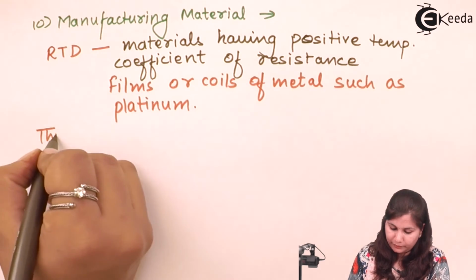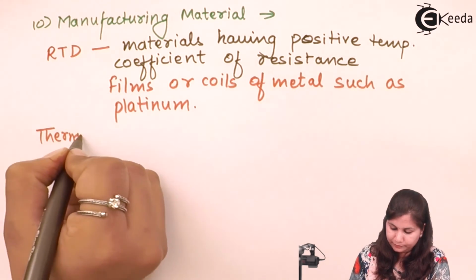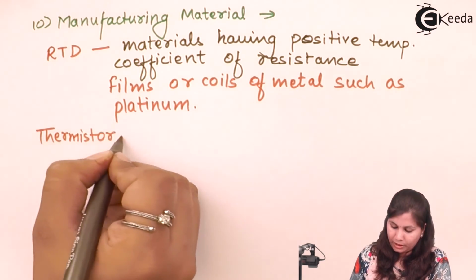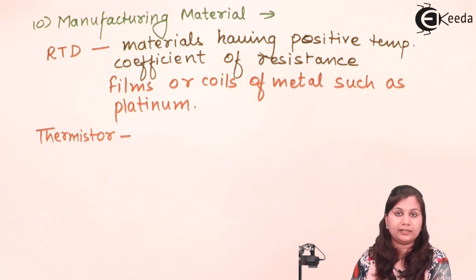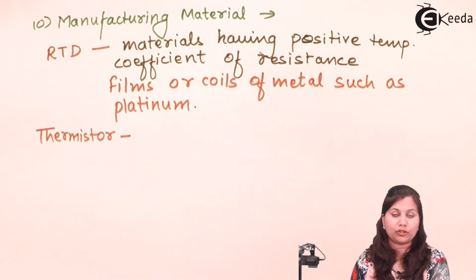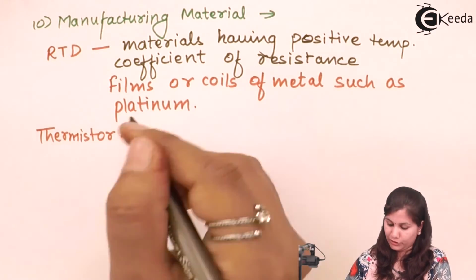Then comes thermistor. Now for thermistors, the materials which have negative temperature coefficient of resistance or positive temperature coefficient of resistance, both can be used, but mainly we use the materials which have negative temperature coefficient.